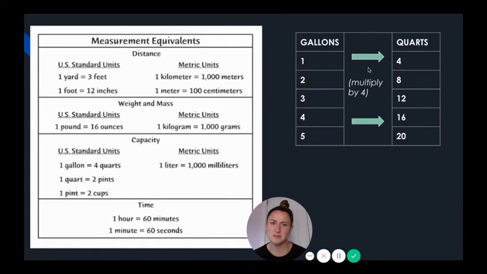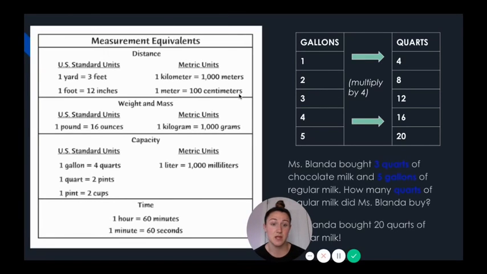All I ended up doing was multiplying my number of gallons by the amount of quarts you can find inside of a gallon. So I'd be multiplying by 4. If you notice, as my counting number of gallons went up, so did my quarts. They increased by 4. So you can create this type of chart when you are solving using any of these types of measurements.